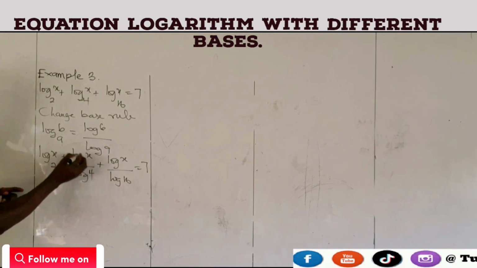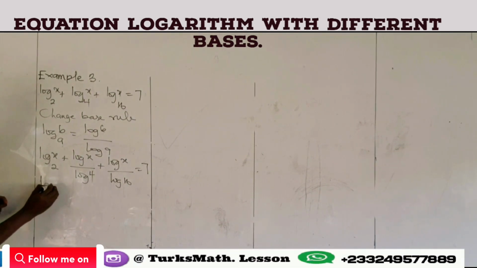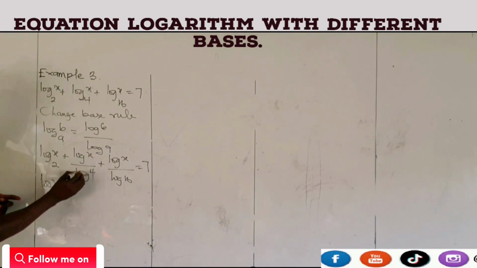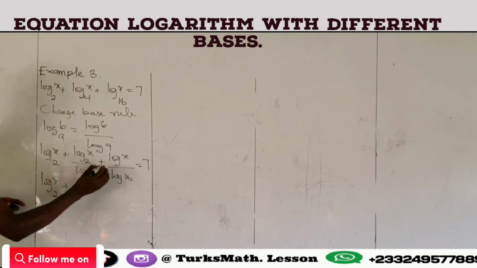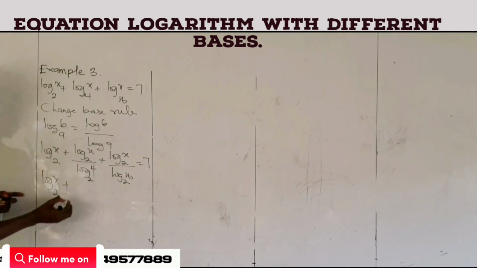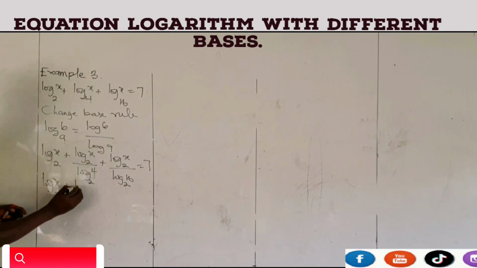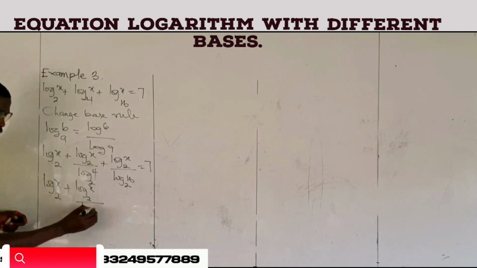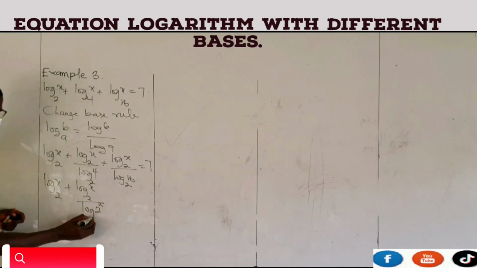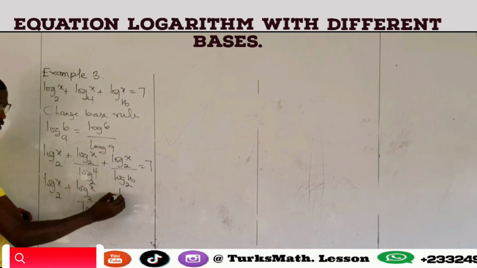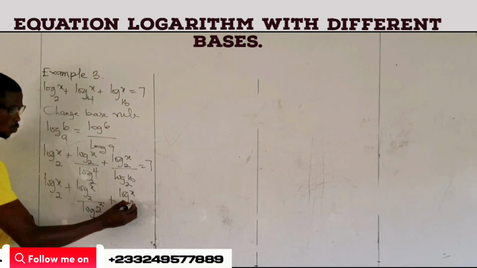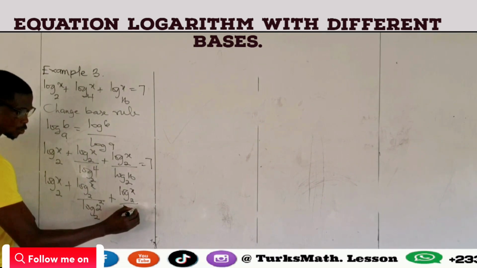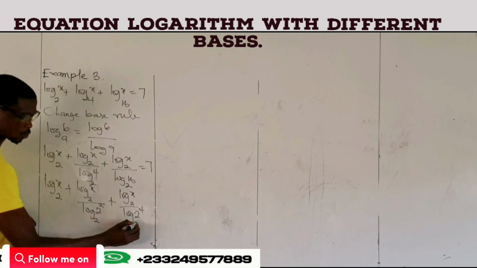So let's move to this side. You introduce base 2, right? Okay, so this side you're going to have log x base 2 out of log 2 exponent 2 base 2 plus log x base 2 out of log 2 exponent 4 base 2 equals 7.